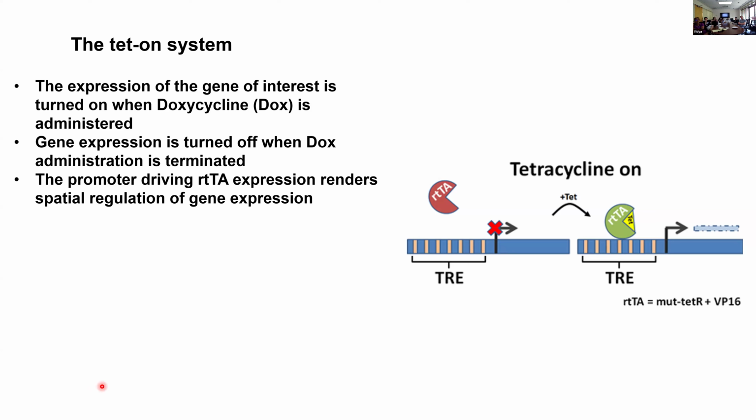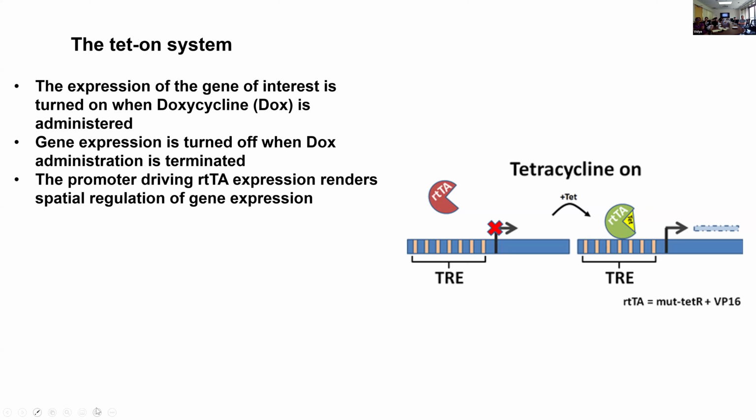If you do TET off, you're going to have to feed this animal doxycycline for all 8 months. That may not be something you would love to do. But a TET on system will be great because you don't need to do anything; the animals just grow, and at that time you give doxycycline and turn on expression. And then there are also practical considerations about which system is more convenient.